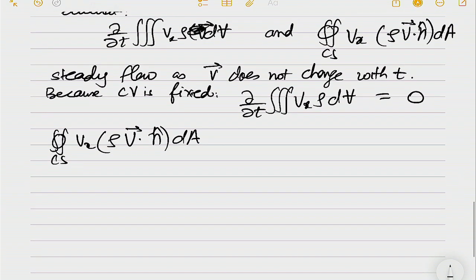Now on surface 1, this term becomes what? Let's try to see. It is Vx. So what is Vx on surface 1?